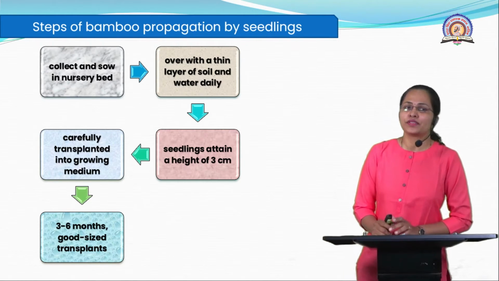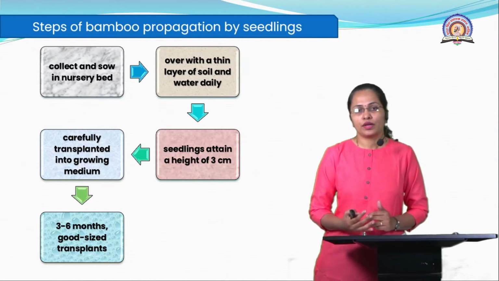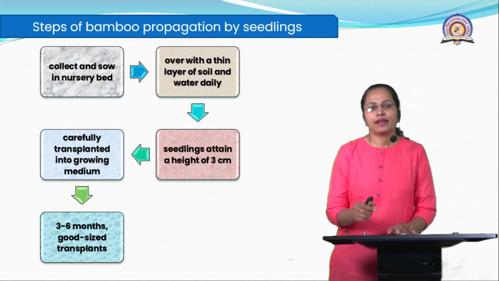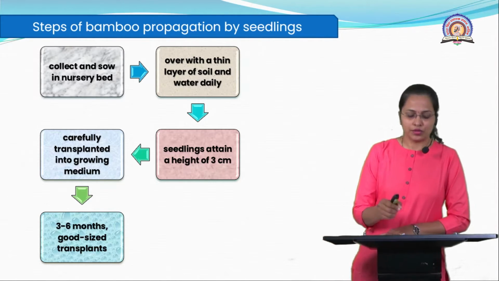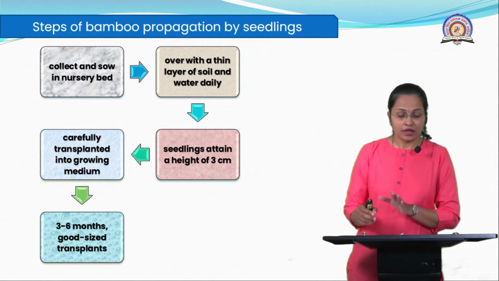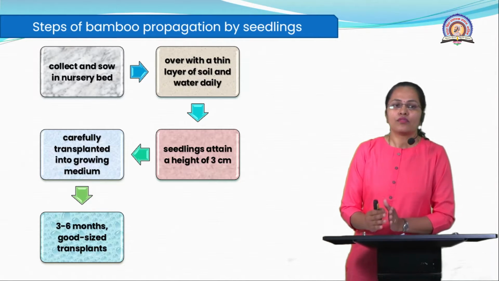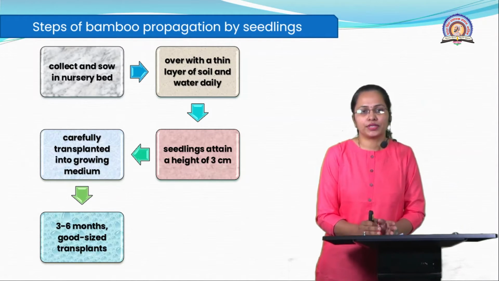Now we'll see the step by step method of bamboo propagation by using seeds. Initially, we have to collect the seeds of bamboo as early as possible in the flowering season. After collecting the seeds, we have to sow them in a nursery bed immediately.